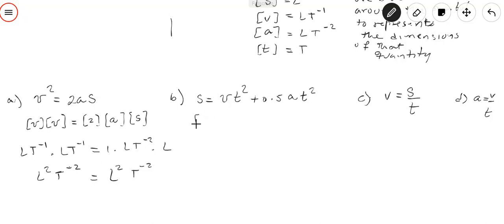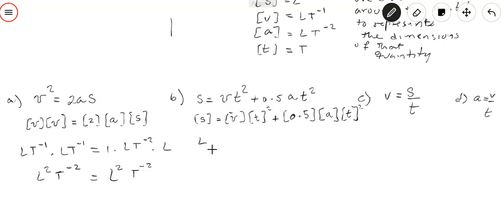So we have distance here equals velocity times the square of the time plus 0.5 times the acceleration times the square of the time.